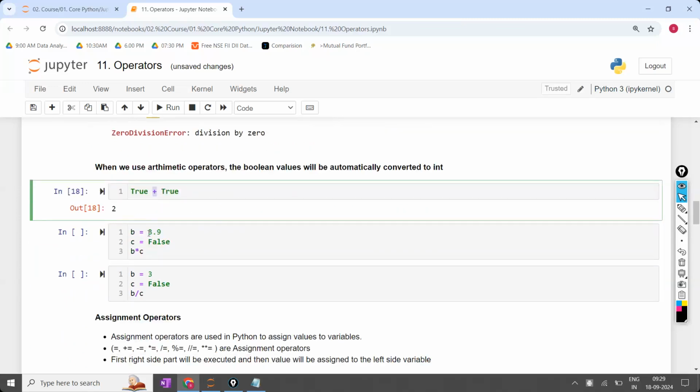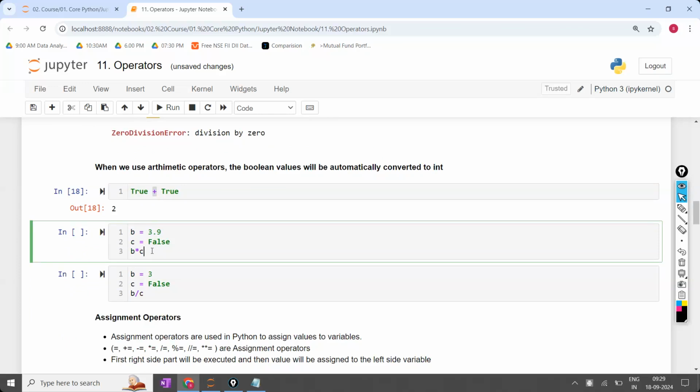Next, B is equal to 3.9, C is equal to False, B into C. What is B into C? That is 3.9 into 0. Why? Because int of False is 0. Why should it be considered int of False? Because the multiplication symbol is there.